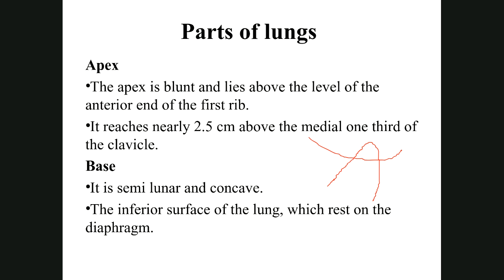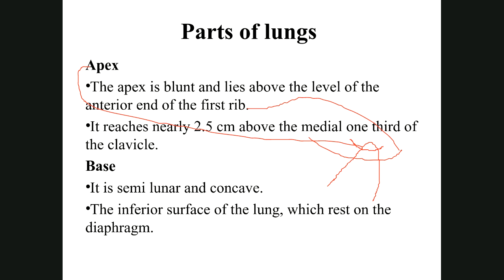It lies above the first rib, and it reaches nearly 2.5 centimeters above the medial one-third of the clavicle. Here it also reaches up to the level of the clavicle, which is present in your shoulder.